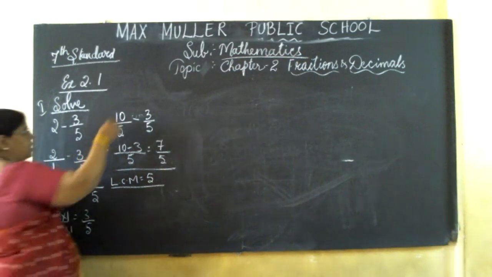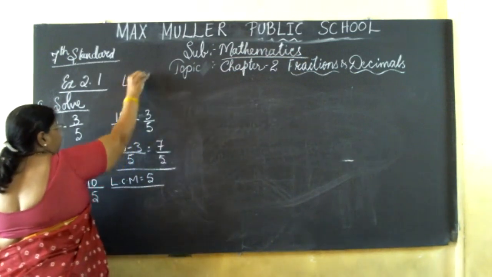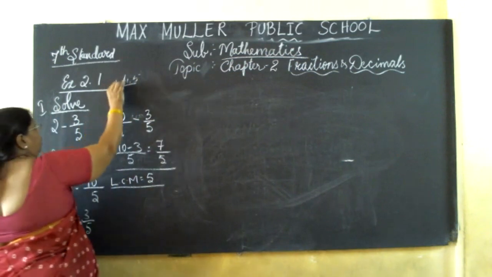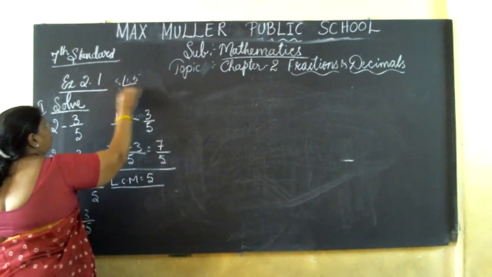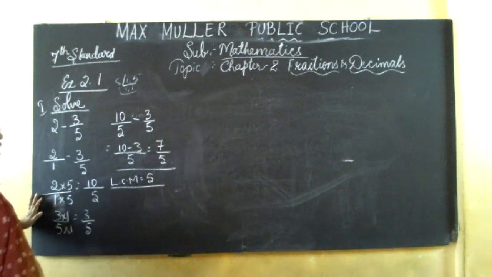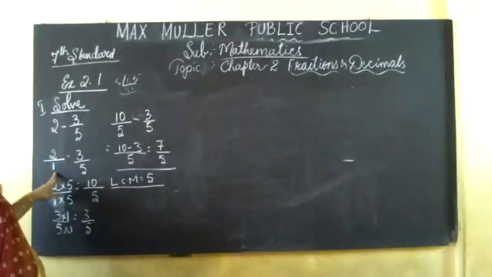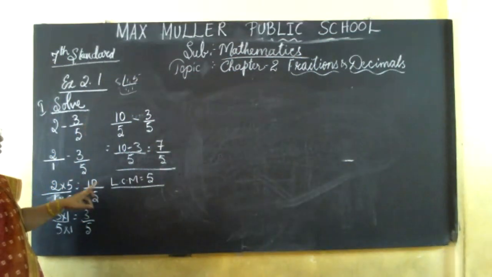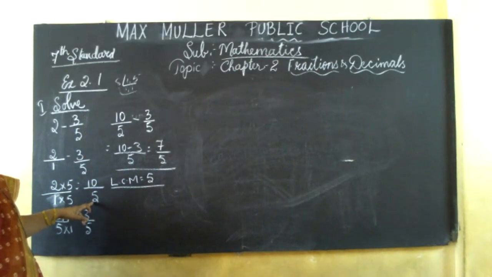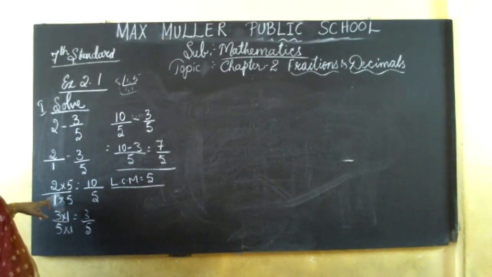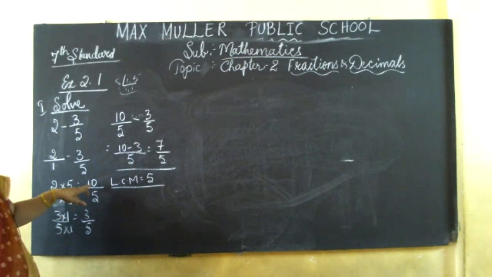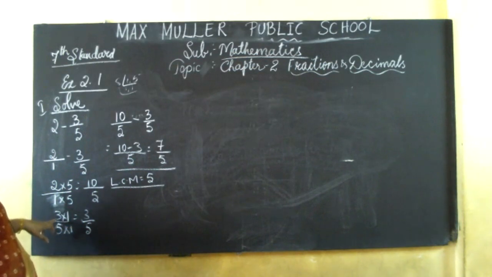So see your LCM of 1 and 5, we'll take 5. We have to equalize the denominator. 1 and 5 are there, we took the LCM, 5, as the denominator. So 2 into 5, 1 into 5 is equal to 10 by 5, and this is already 3 by 5.